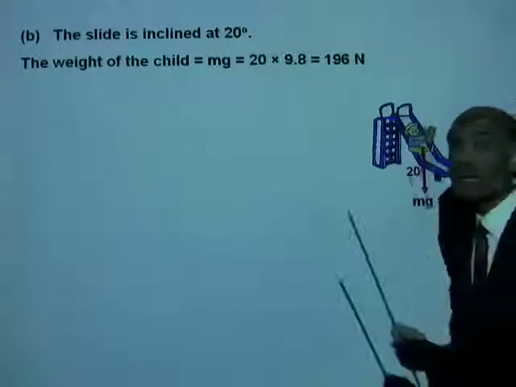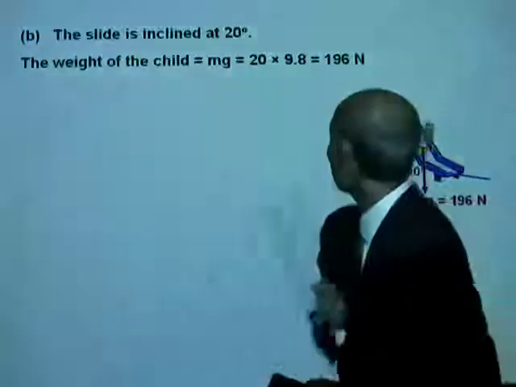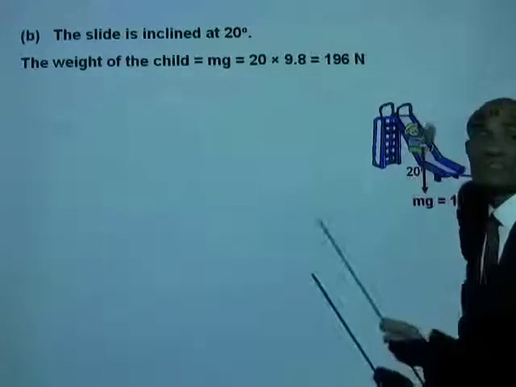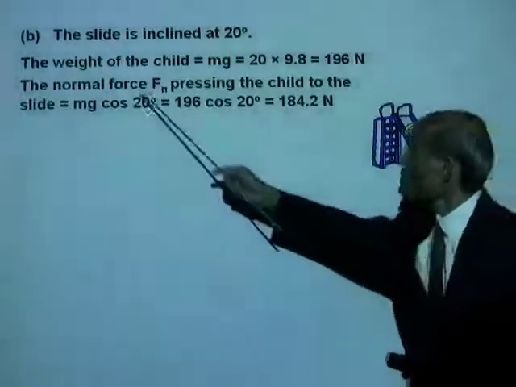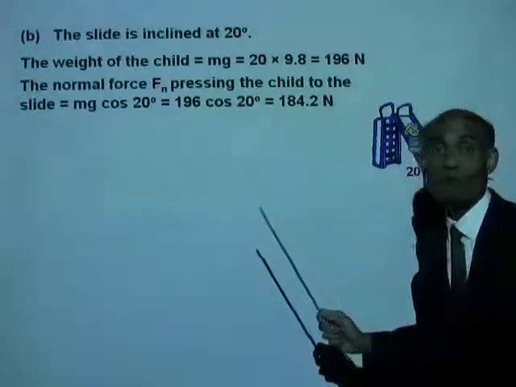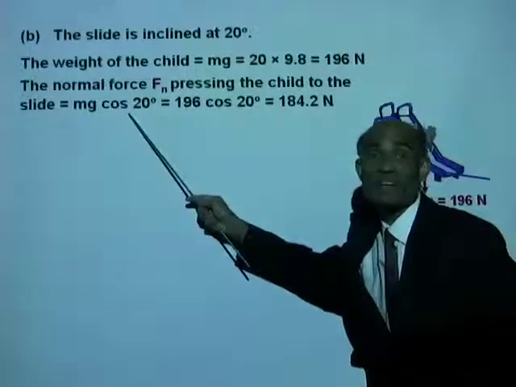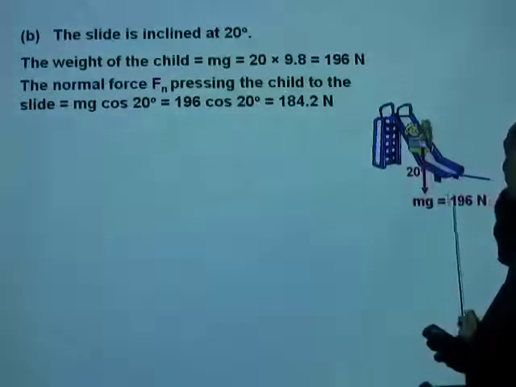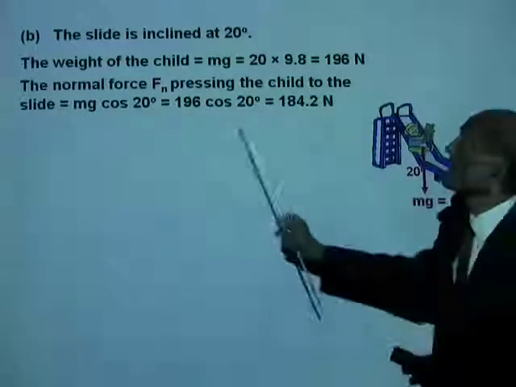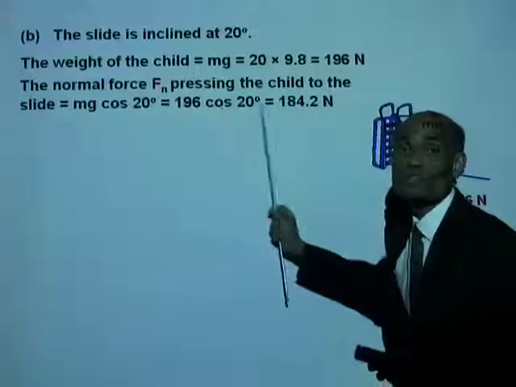Alright, now remember, the child is now sitting on an inclined plane of inclination 20 degrees. What is the normal force Fn? Remember, the normal force Fn is mg cos theta. mg is 196 Newton. Therefore, that is 196 cos 20 degrees.